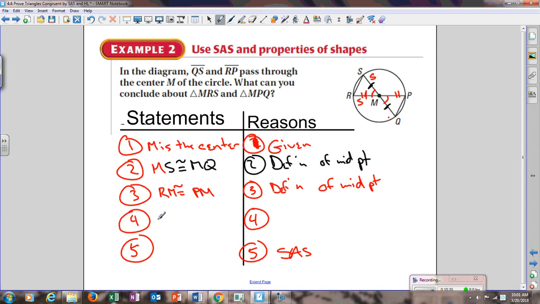But how do we know that angle SMR, let's do MRS. It's the same thing. No, it's not. SMR is congruent to angle QMP.